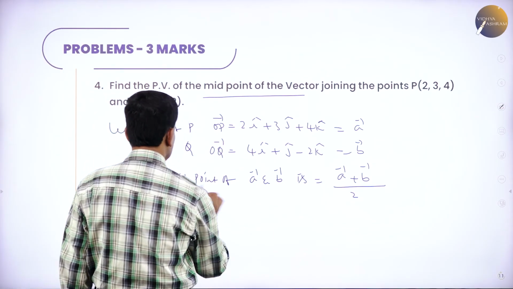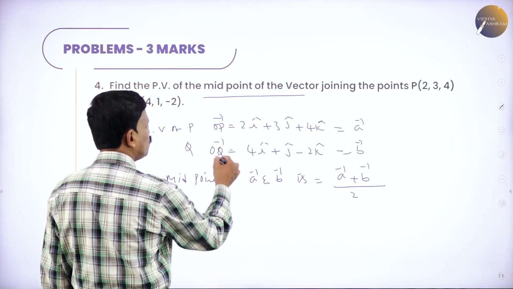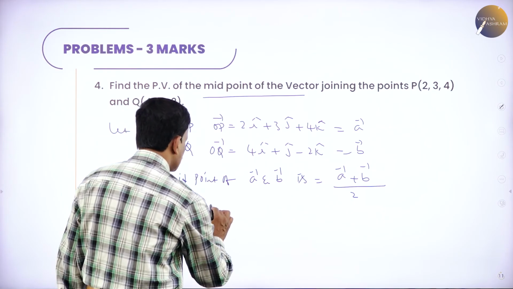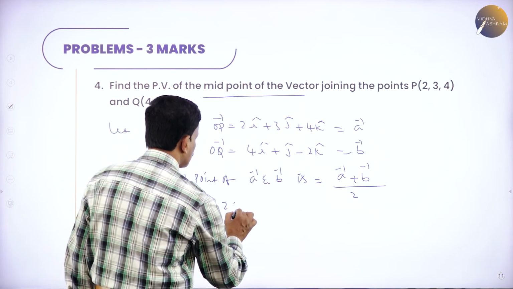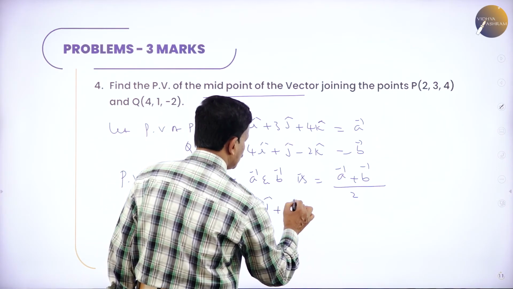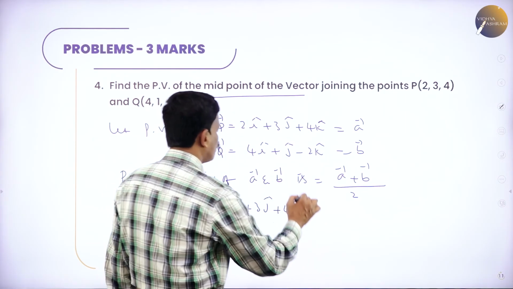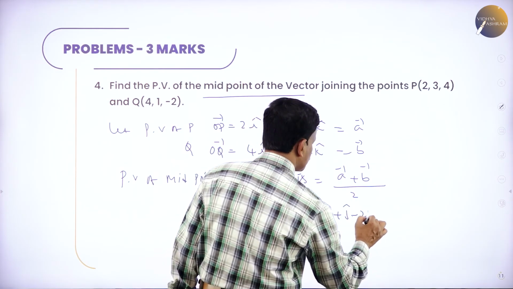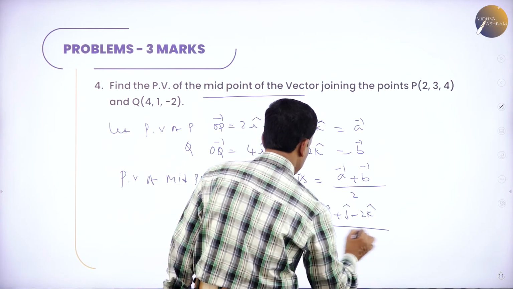So the midpoint is equal to 2i plus 3j plus 4k plus 4i plus j minus 2k divided by 2.